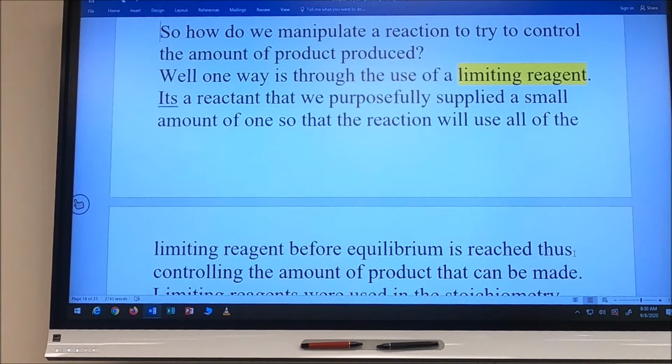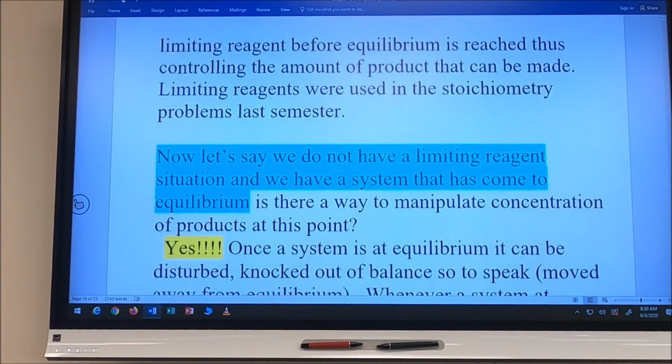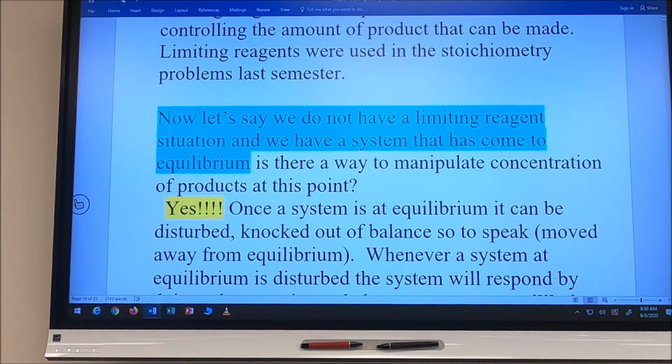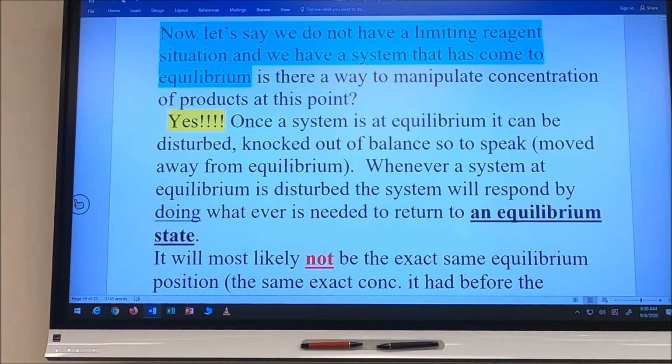Only the forward reaction is happening. We never reach equilibrium, and we control the amount of product. So one of the ways that we can control the amount of product is by limiting reagent.